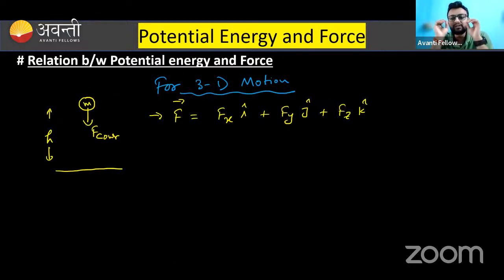If I am going to consider only x direction, then how can we write it? There is a new term. Fx is equal to minus del u over del x.